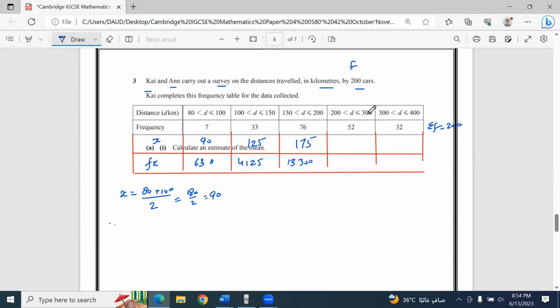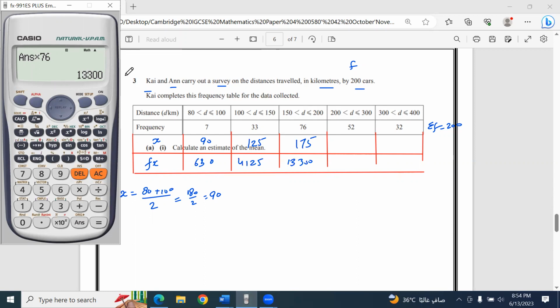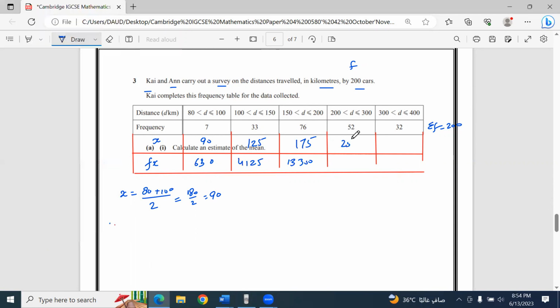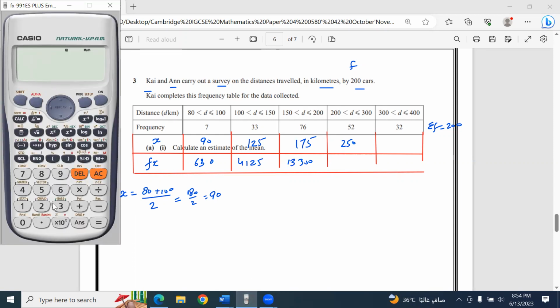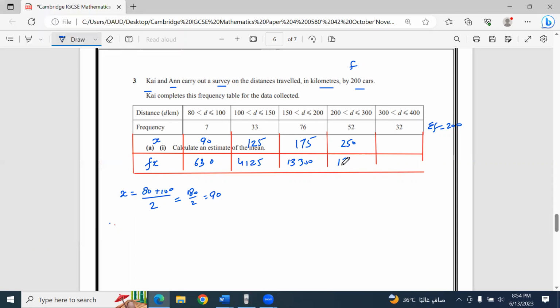And then we have 200 plus 300, 500. Half of 500 is 250. 250 multiplied by 52. That gives me 13,000. And lastly, 300 plus 400, 700.